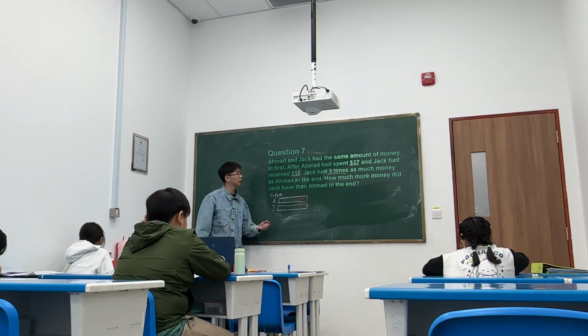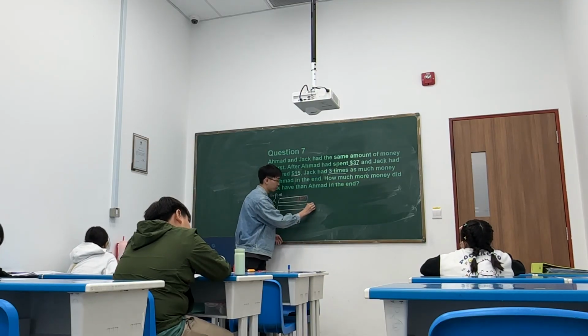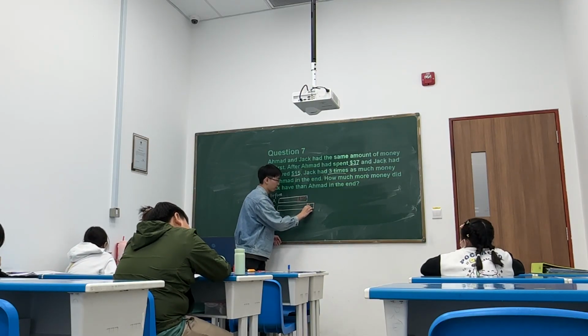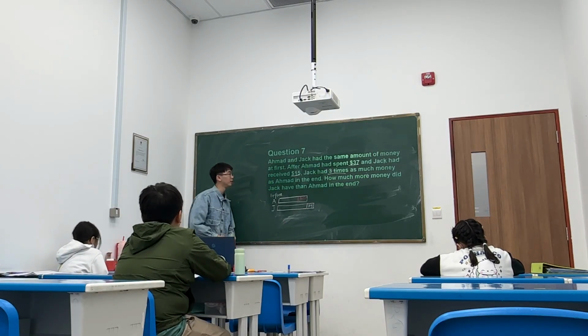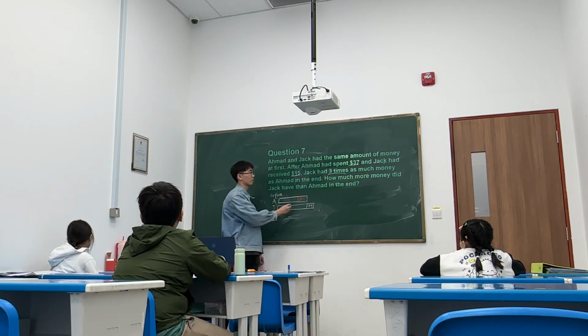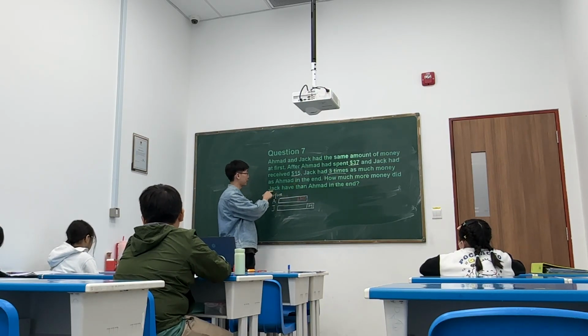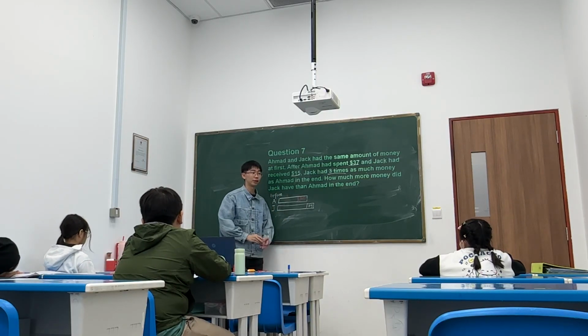And how about for Jack? Jack received $15. So this part has been received by Jack. Then what is the new difference now? How much more money did Jack have than Ahmed in the end? And what's the new difference?